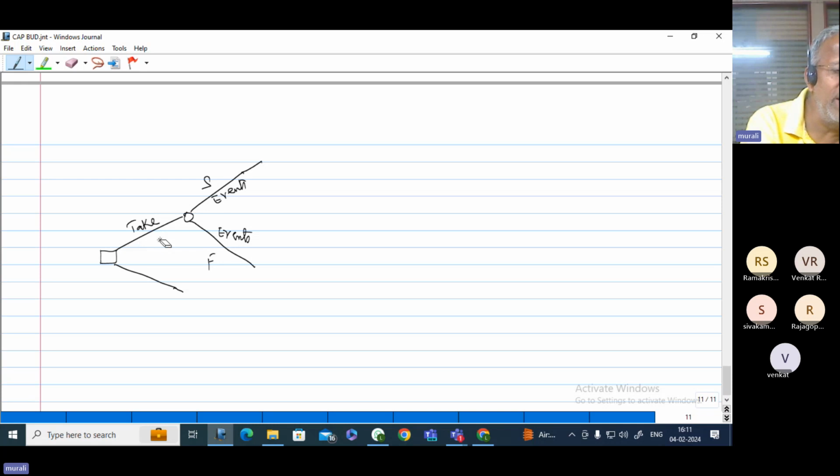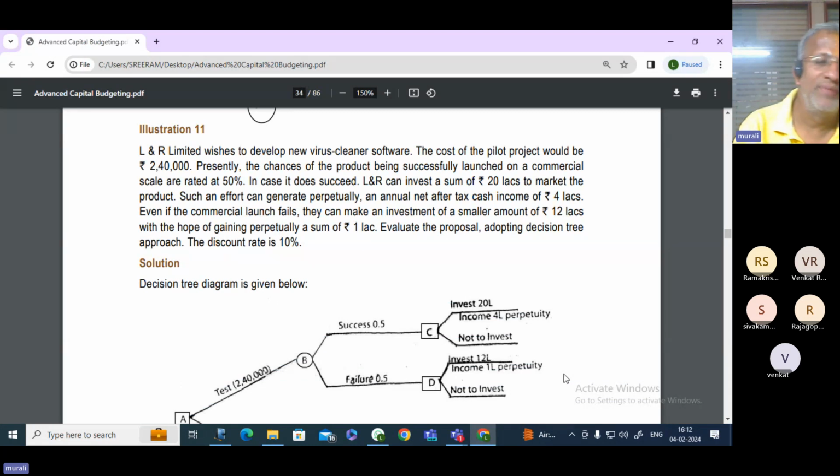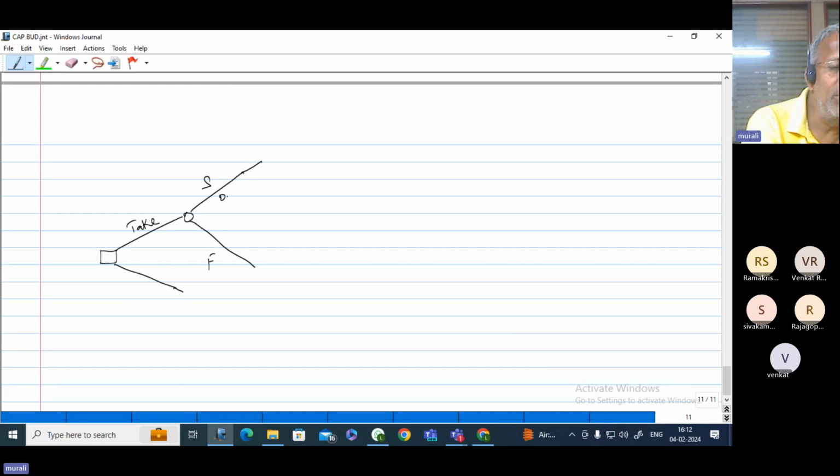Every time we don't have to write that; just for the sake of your understanding, I have written it. Whenever you have events coming up, like head or tail, the chances of occurrence are the probabilities, and the sum of all the probabilities for that particular node should be 1: 0.5, 0.5.